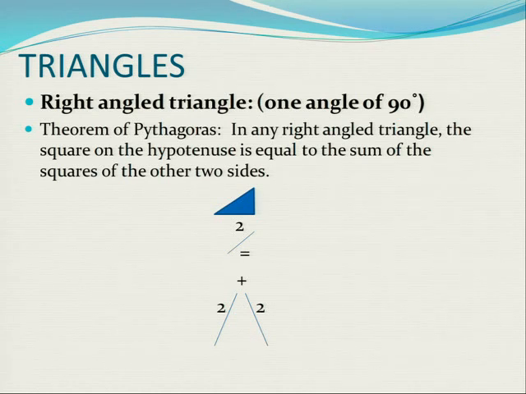The line there says the hypotenuse, and it's equal to the sum, that is the plus sign, and the 2 legs with the 2 shoes on is the squares on the other 2 sides. I'm going to repeat this. In any right angle triangle, the square on the hypotenuse is equal to the sum of the squares of the other 2 sides.